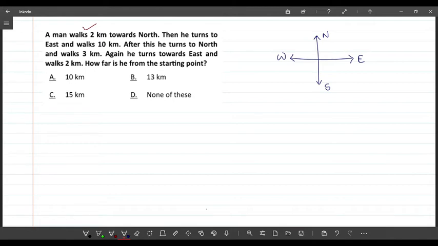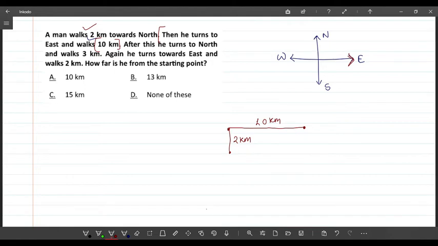Now this guy walks 2 kilometers towards north. Let's say this is his starting point and this is the distance of 2 kilometers he has traveled in the north direction. Then he turns towards the east side, and walks a distance of 10 kilometers, and reaches a certain point here.